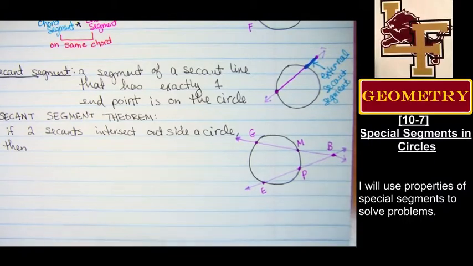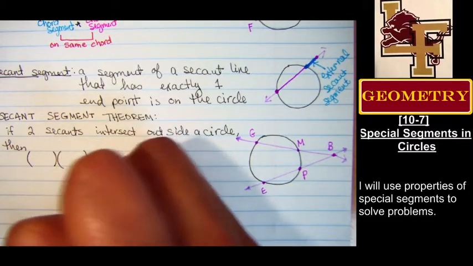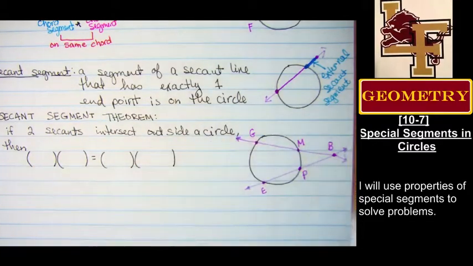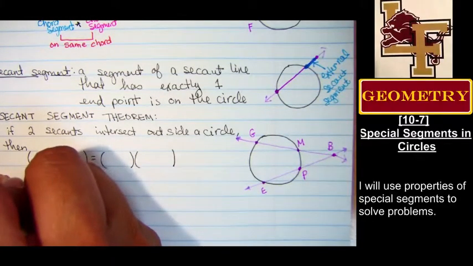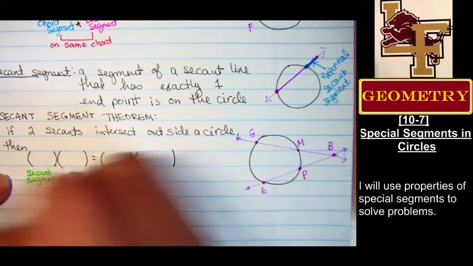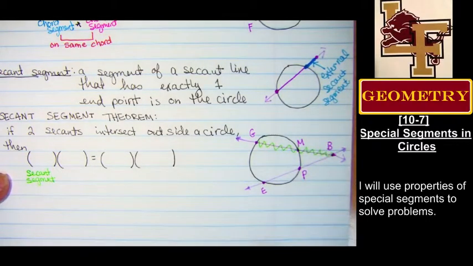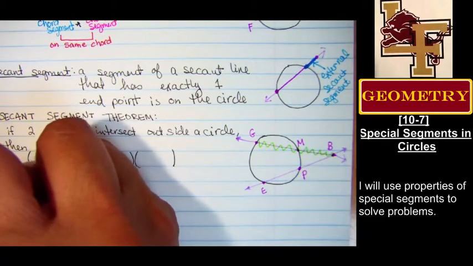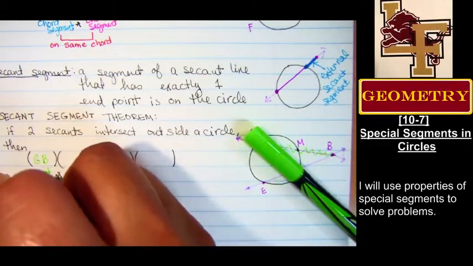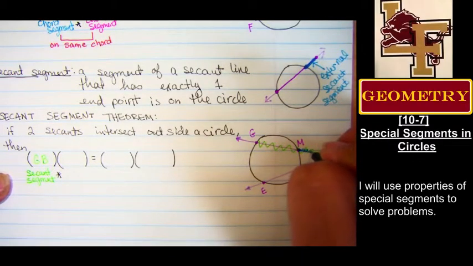Okay. So we have this setup. Here's your formula. Again, we're going to have 2 things multiplying together. But this time, it's going to be the entire secant segment, and it's multiplying with its external secant segment.